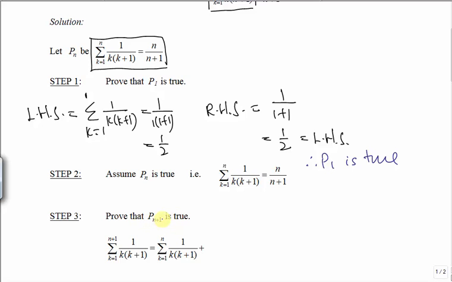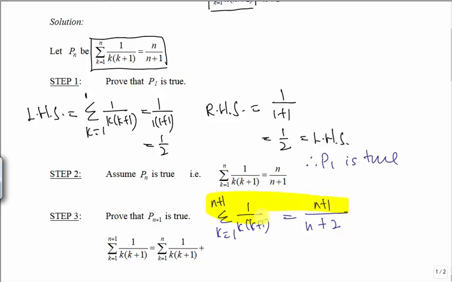So what is the expression for Pn plus 1? We are going to write it down. Because our last term is for n plus 1, we have to write this term with n plus 1. And now the n here we are going to replace by n plus 1. We'll get n plus 1 divided by n plus 1 plus 1, which gives n plus 2.